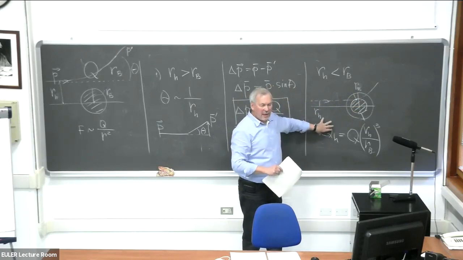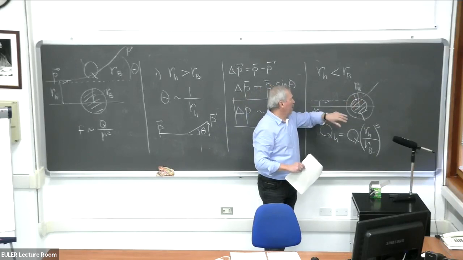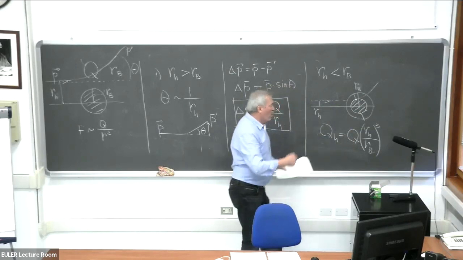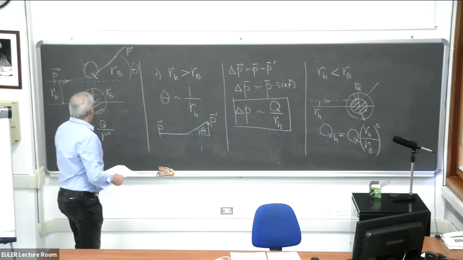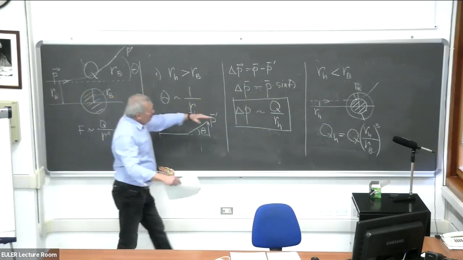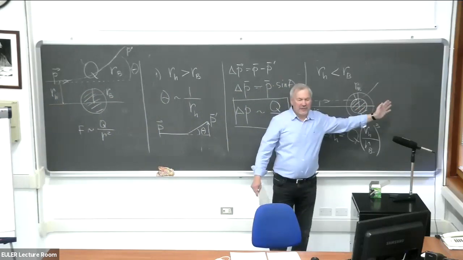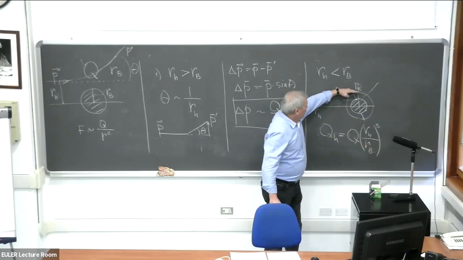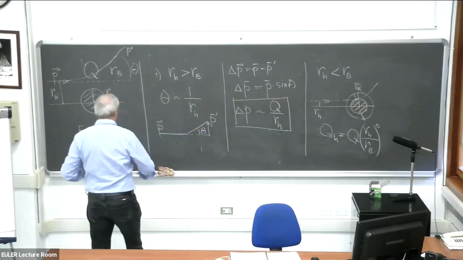Then the effective charge which affects the motion of our probe particle becomes smaller than the total charge. And therefore, the force and the scattering will be weaker. Well, if the particle moves exactly in the center along this axis, it will not even scatter at all, right? So which means that here we have a kind of suppression of the scattering once the impact parameter becomes smaller.